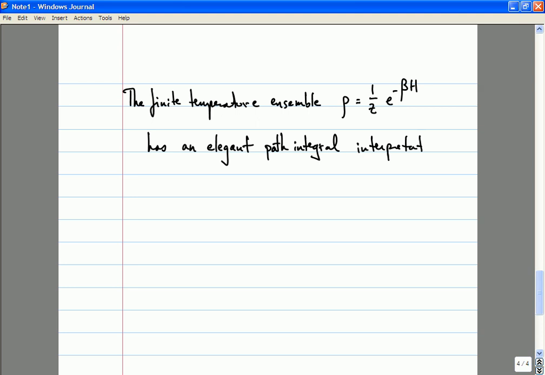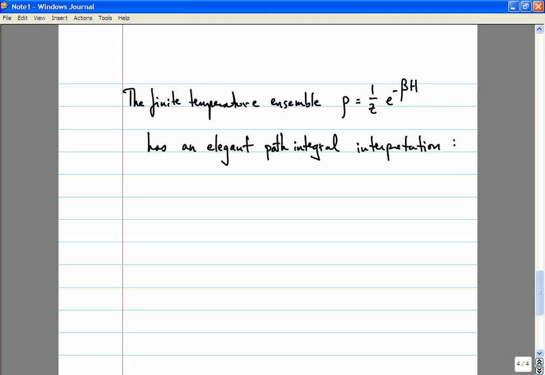And indeed, the observations that I'm going to make over the next 20 minutes actually form the basis for much of the formal structure of finite temperature physics, both in particle physics and in condensed matter physics.